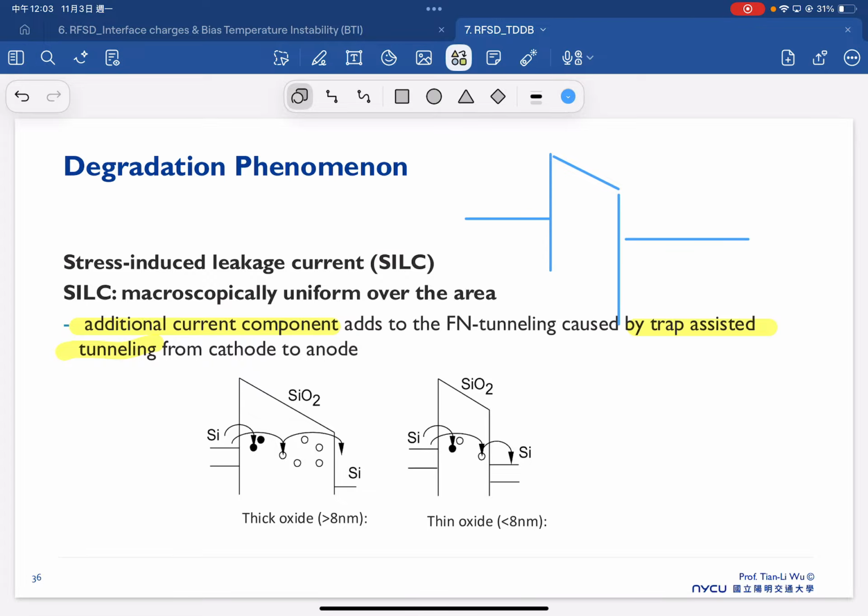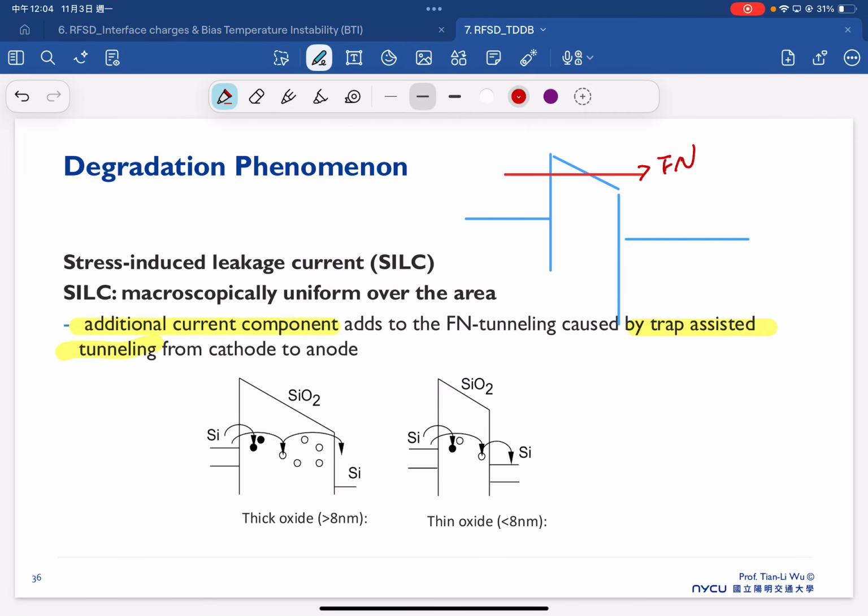As we know, once we give the positive bias, we always have the FN tunneling. But once we have the defect inside the dielectric, we might start to have the trap assisted tunneling.